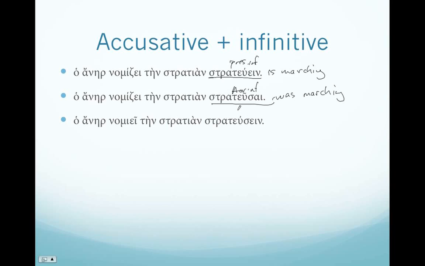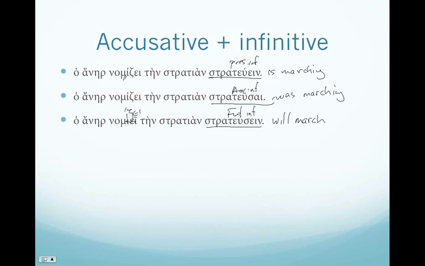I'm going to mention in a little bit that it's actually relative time, it's not absolute time, but think of it as stratusai here has a past tense idea to it. So the man thinks that the army was marching. And then finally, ho aner nomidze, let's keep with the present tense there, ten stratian stratusen, there's a future infinitive. The man thinks that the army will march.